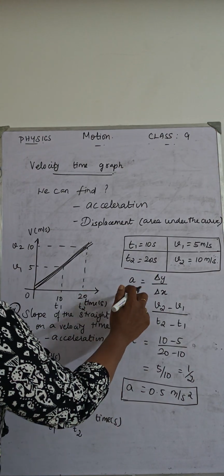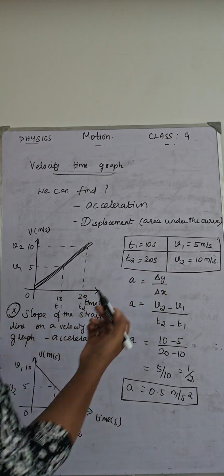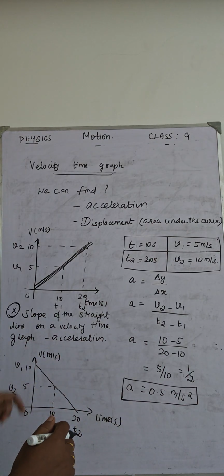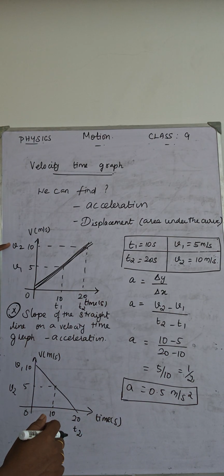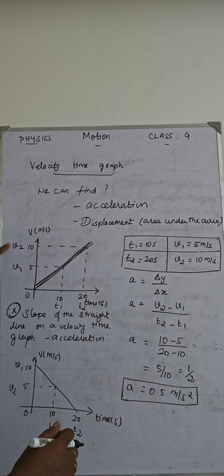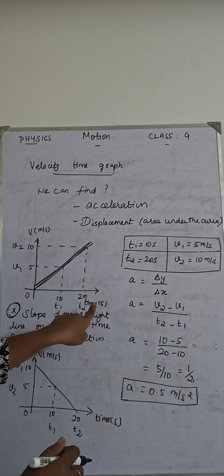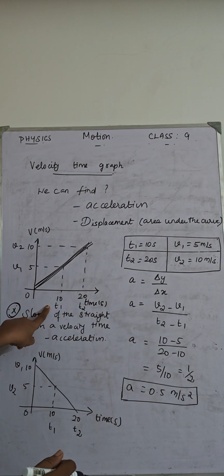So a equals dy divided by dx. You can use del or d, which is nothing but the difference. So what is the difference? v2 minus v1, which is the final velocity minus the initial velocity, with respect to the time, final time minus initial time.